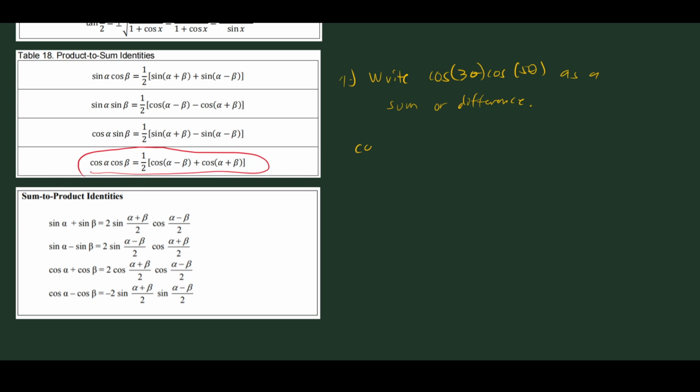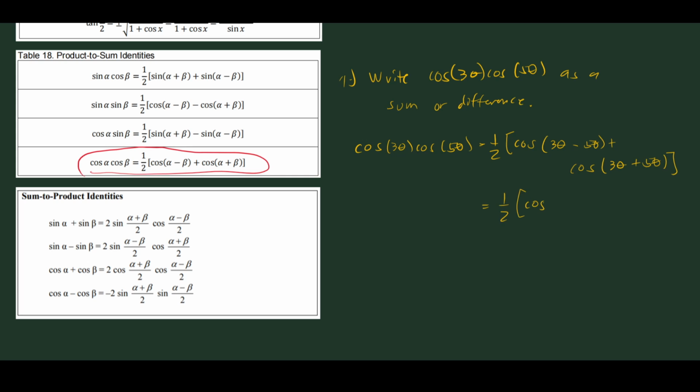Let's write here cosine 3 theta times cosine 5 theta is equal to 1 half cosine of 3 theta minus 5 theta plus cosine of 3 theta plus 5 theta. Okay, so that's it. We just have to evaluate this.